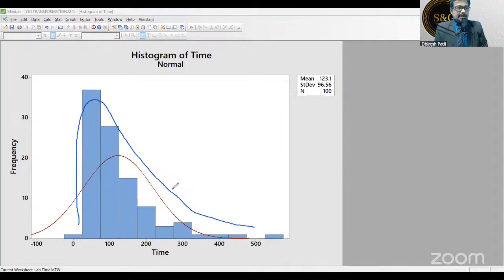Correct? Now, this is the tail. If the tail is extended on the right hand side, this is called a right hand skewed distribution, RHS.